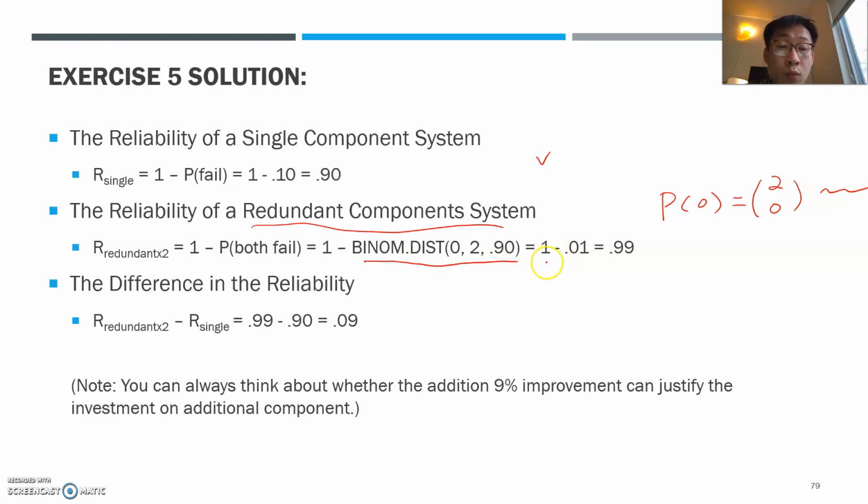And then it's 1 minus that probability. The reliability of the parallel system is 99%, whereas the single component system is actually 90%. The difference in terms of reliability, or the amount of improvement, is actually 9%, which I would say is pretty significant.